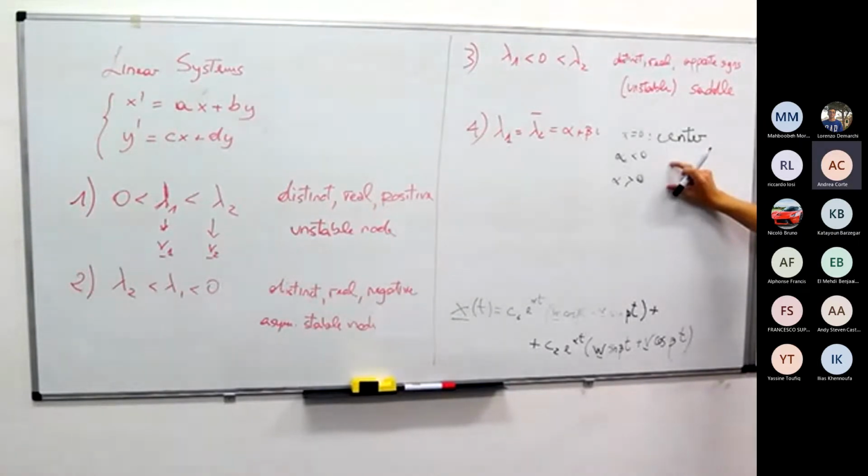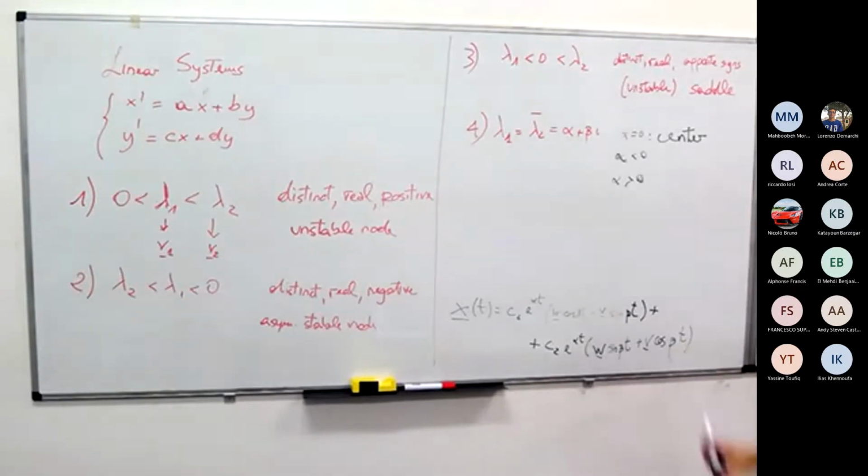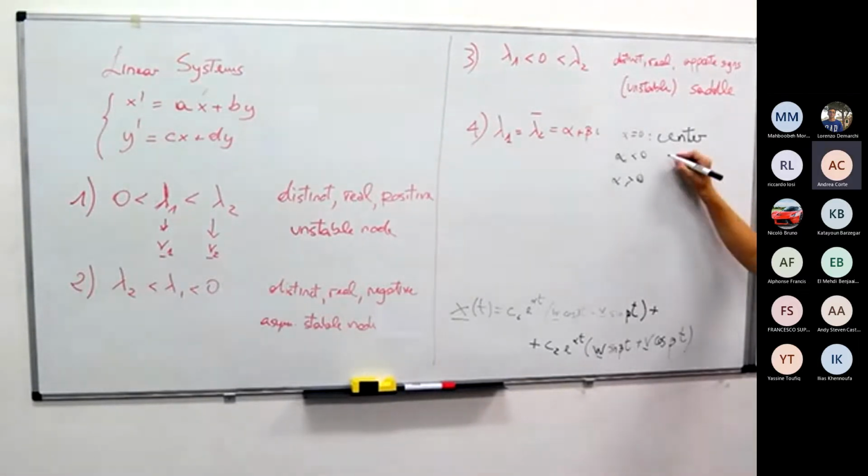It becomes a spiral, yes. Can you see which of the two is going to be the stable spiral and which is going to be the unstable one? Does alpha less than 0 correspond to the stable spiral or the unstable one? The unstable one.